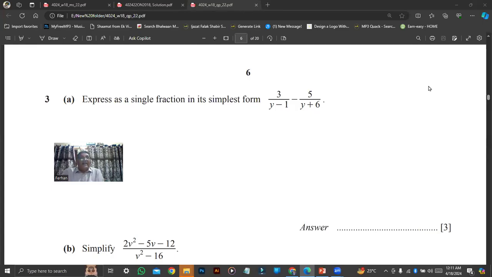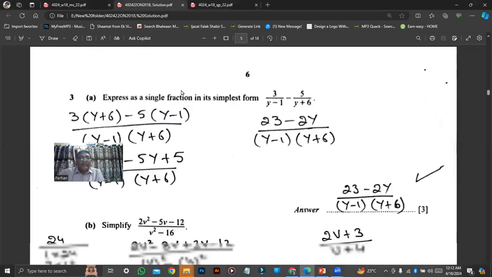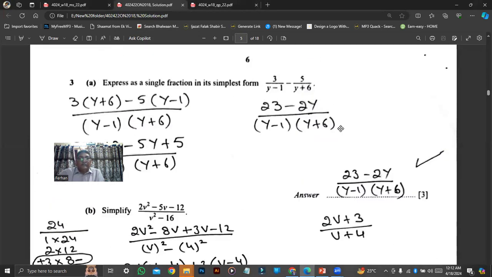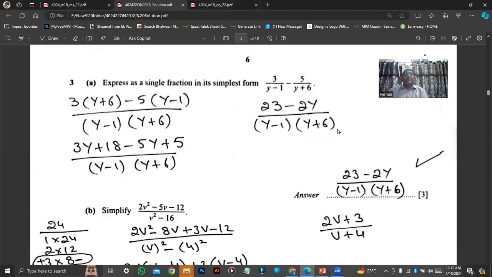So here we have question number 3. He says express as a single fraction in its simplest form. We have 3 divided by y minus 1, then minus 5 divided by y plus 6. I will take the LCM, and both of these denominators will come in the LCM.